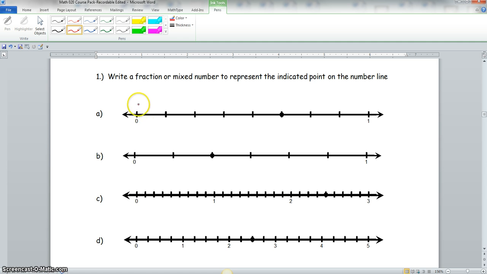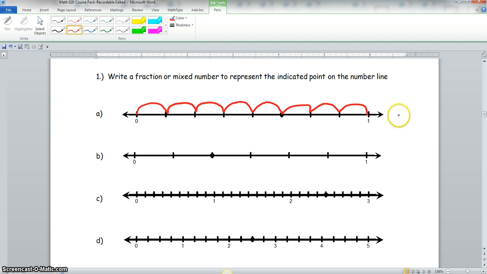So we look here, going from 0, we have 1, 2, 3, 4, 5, 6, 7, 8. So we go from 0 to 1 is 8 places. You don't count the 0. You would start with the tick mark right after the 0. 1, 2, 3, 4, 5, 6, 7, 8, and you will count the 1.